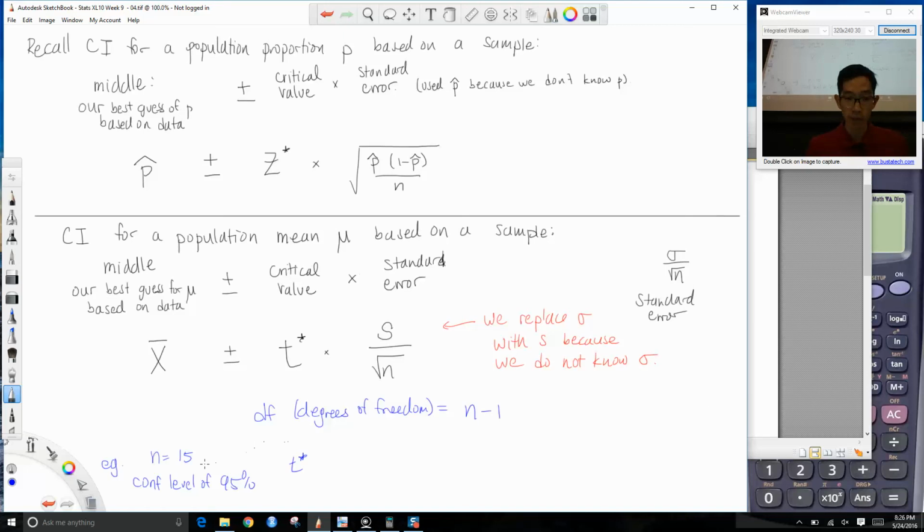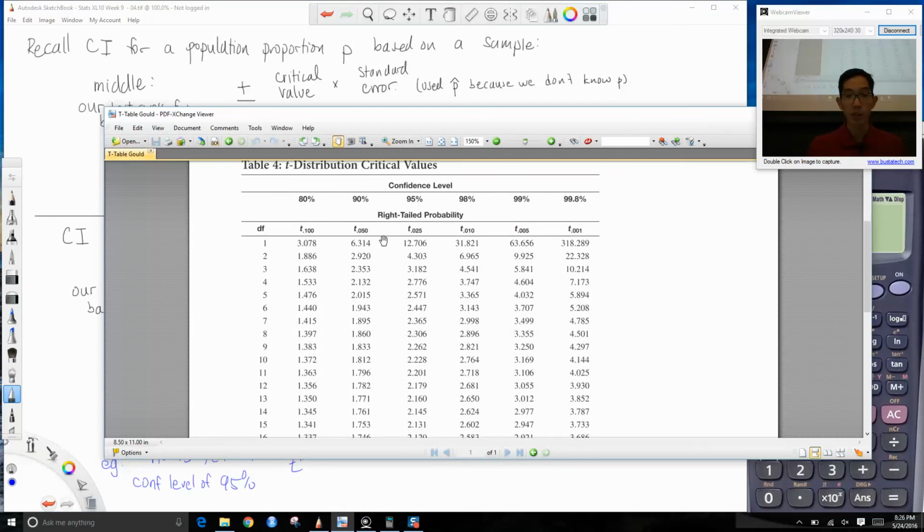We would have degrees of freedom equal to 14, and we want 95% confidence, so I would go to that row, and then I look at 95% confidence, and the value for my t star would be 2.145.